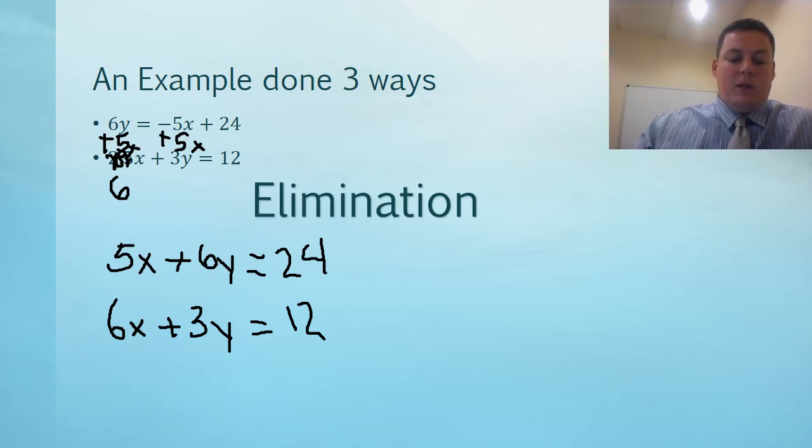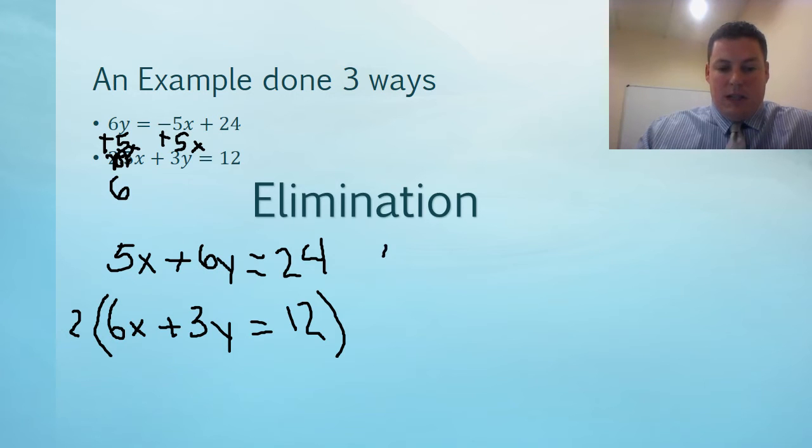All right, now we see we have some kind of multiples of y that we can make work to eliminate that. So I'm going to multiply this whole thing by 2 so that now I can get rid of this y, and you'll see how I do that.